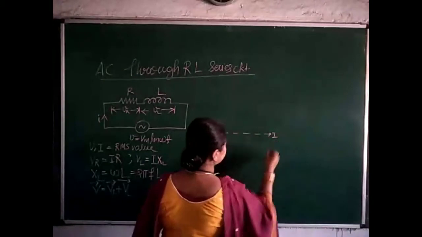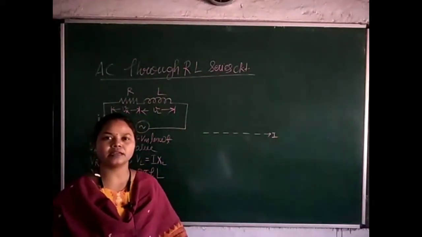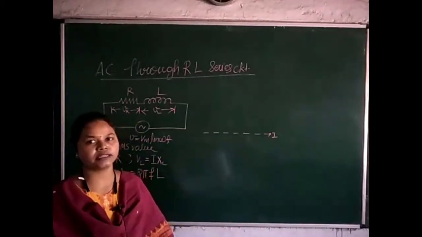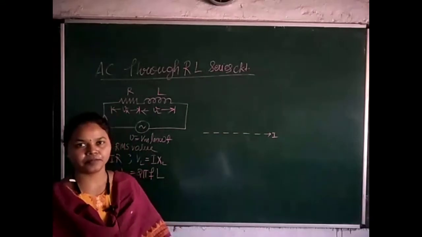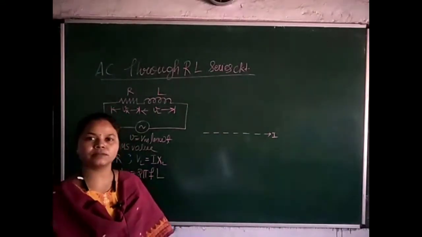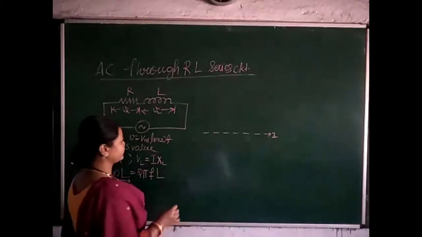This is the current. Always remember, you draw the phasor diagram by taking the RMS quantity, not instantaneous, not the average, not the maximum.